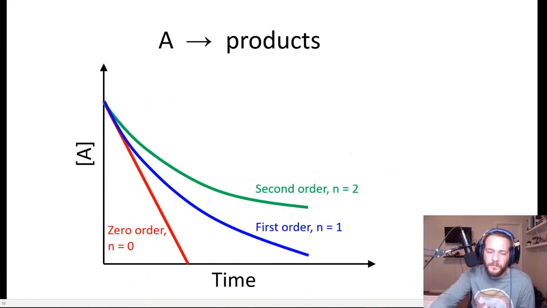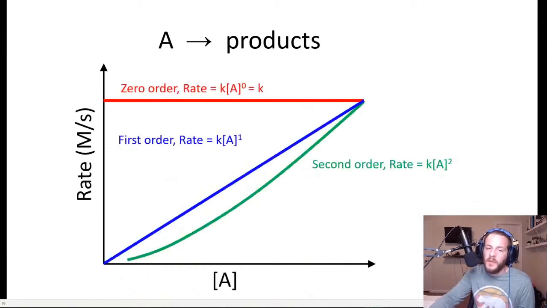Now if we look at this, instead of concentration versus time, this is rate versus concentration. As can be predicted, for a zero order reaction the rate is simply equal to the rate constant, because A to the 0 power cancels out.